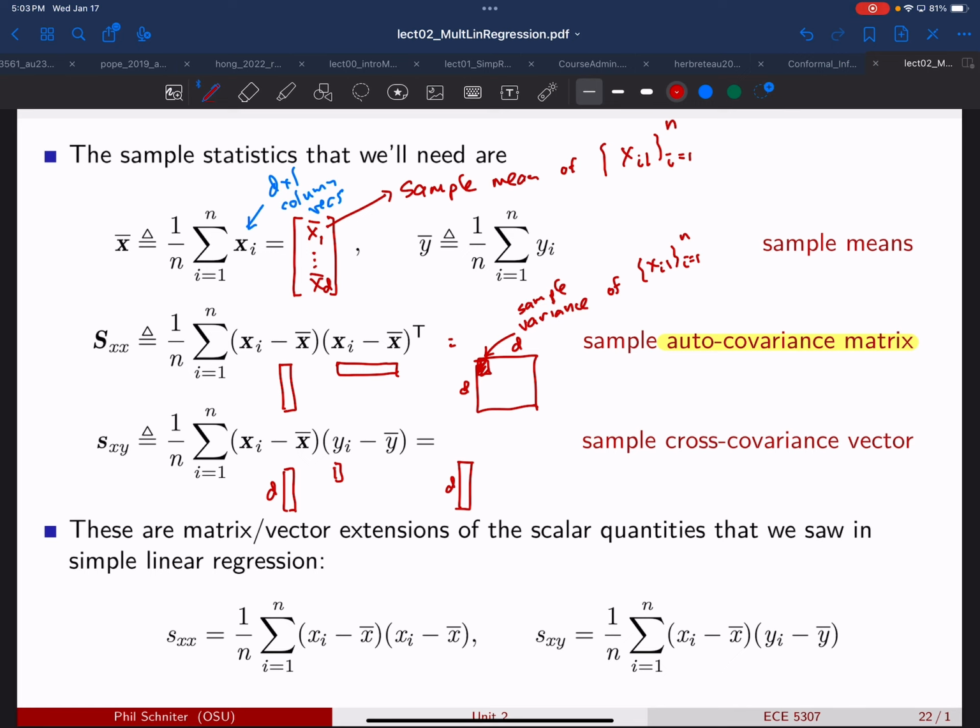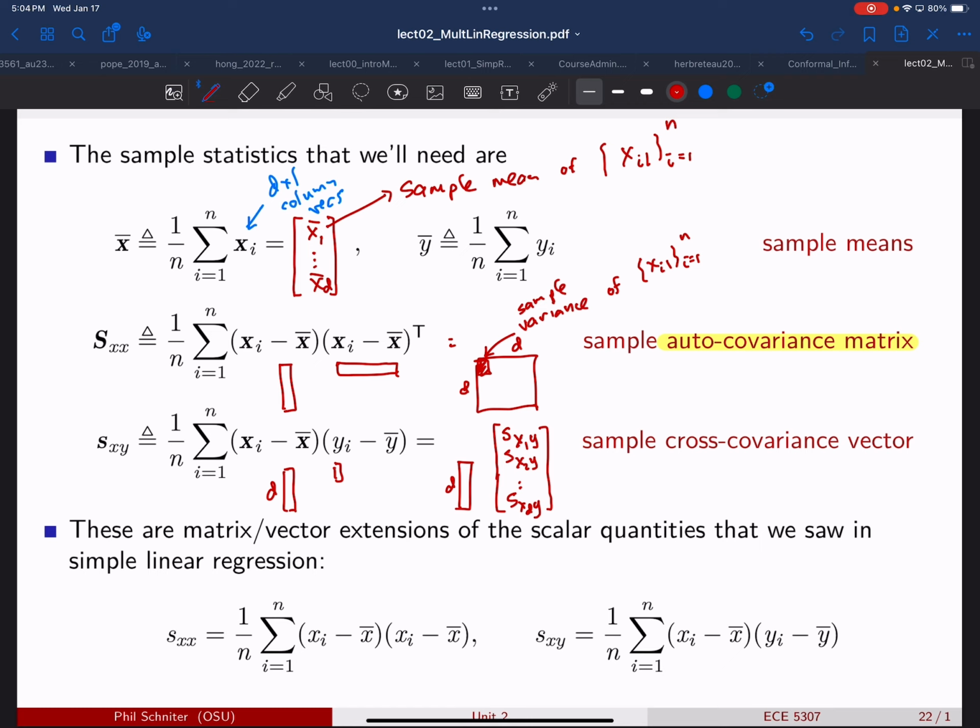And when you look inside this vector, you can relate it to the scalar statistics. So the first element will be the correlation between x1 and y. The second one will be the correlation between x2 and y. Down to the correlation between xd and y. Not correlation, sorry, covariance.